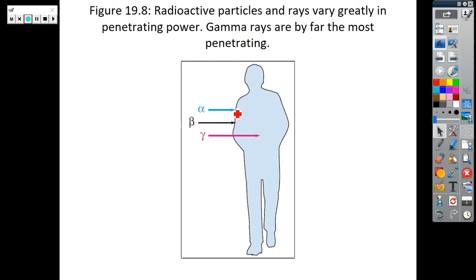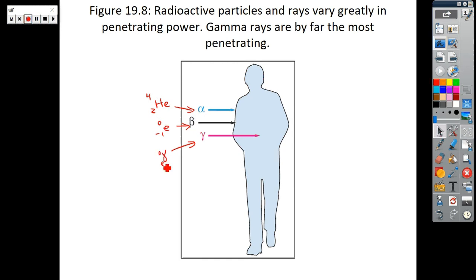Some may be able to get through, but alpha particles, you'll remember, these are these helium nuclei with a mass of 4 and an atomic number of 2, compared to beta radiation, which has no mass, and again, gamma radiation also has no mass.